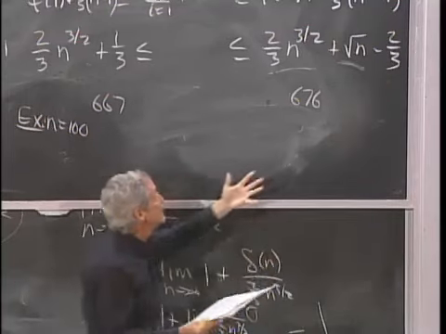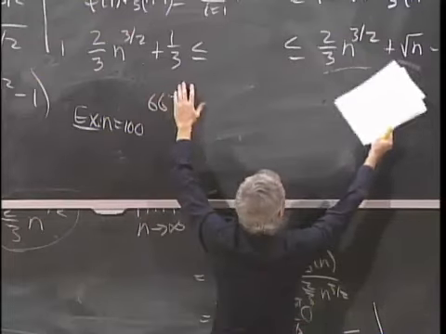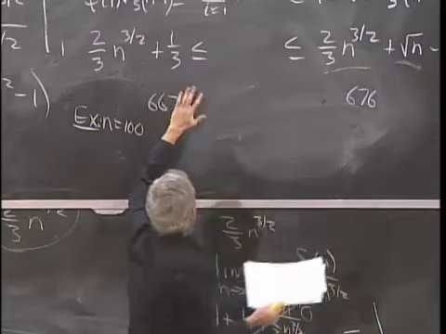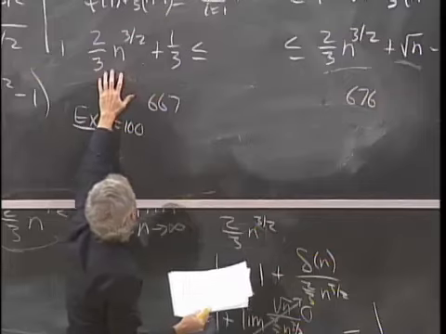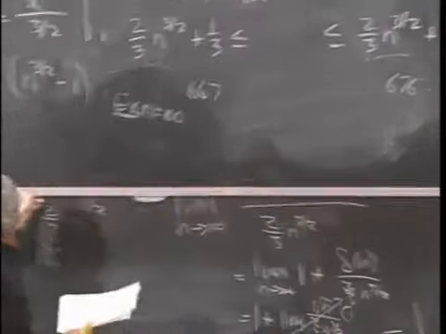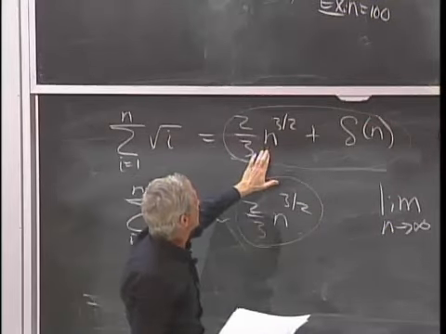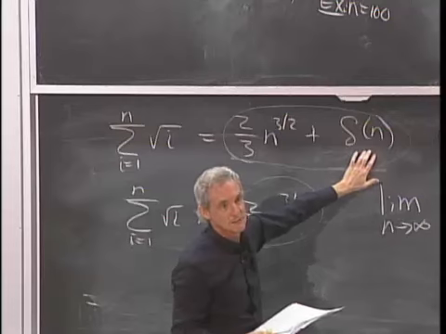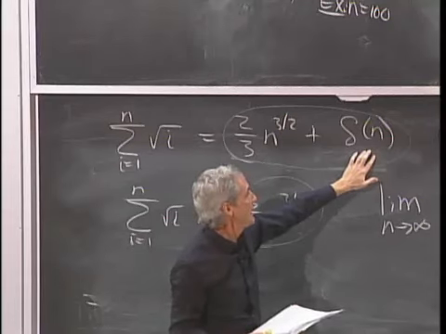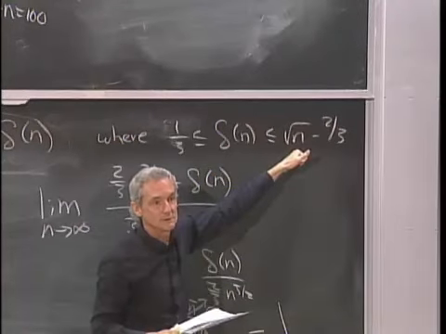And so now I've used judgment to say the delta is somewhere in this stuff here. The nice thing is they match. The lower bound and the upper bound match on that term. So what I do is I write it equals this term plus something that's smaller. In particular, it's between 1/3 and square root of n minus 2/3.